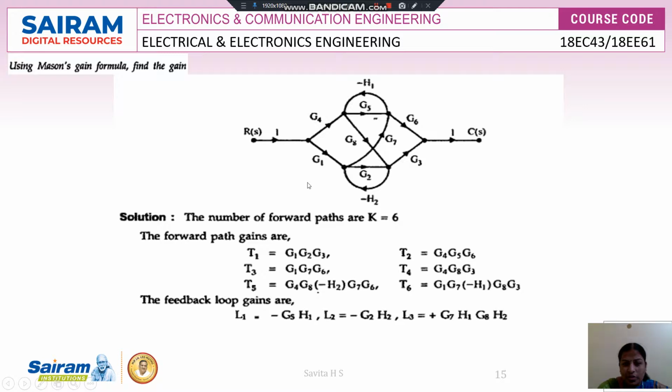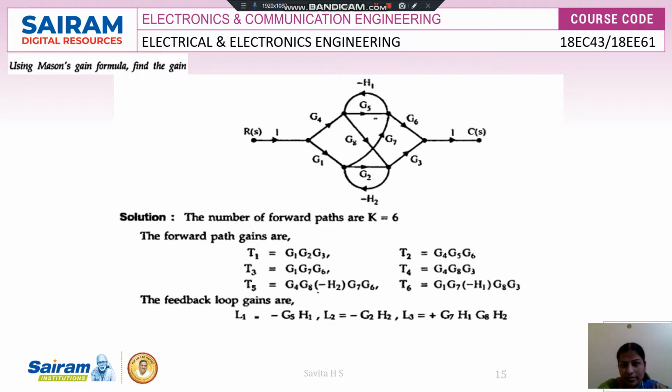Then T5 is equal to G4, G8, then H2, then G7 and then G6. The next one is G1, then G7, then after that G8.